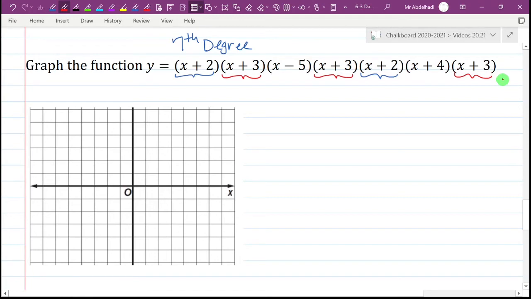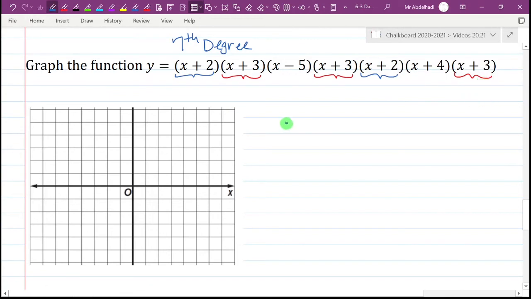They recur more than once. And what we say is that these factors that are there more than one time have a multiplicity. Okay, multiplicity meaning they're happening multiple times. So this has a multiplicity of 2. There's 2 of those x plus 2 factors. And for the x plus 3s, there are 3 of them.